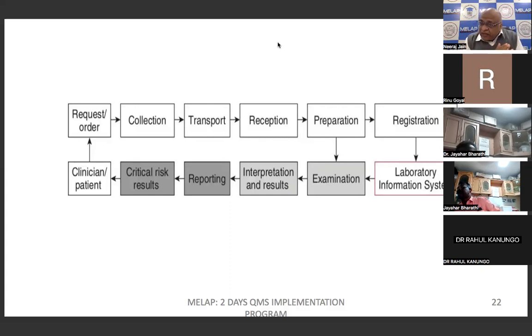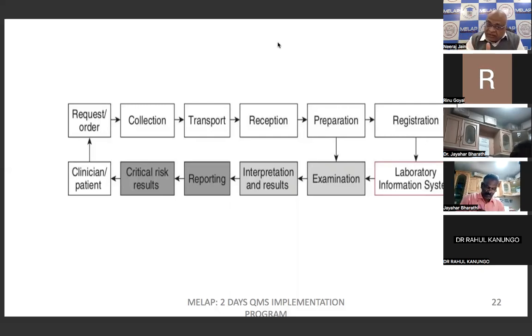Process means a sequence of activity. Like in your laboratory, you are receiving requests, collecting the sample, transporting the sample, and receiving the sample in the laboratory. Then suppose you need to prepare liquids, you prepare those and send them to the laboratory, they perform tests, they interpret the results, then they develop the report.